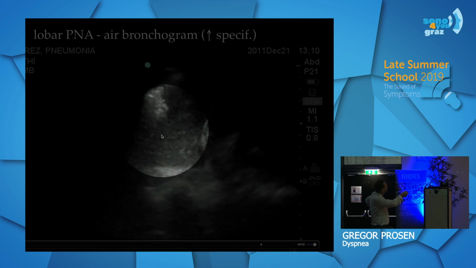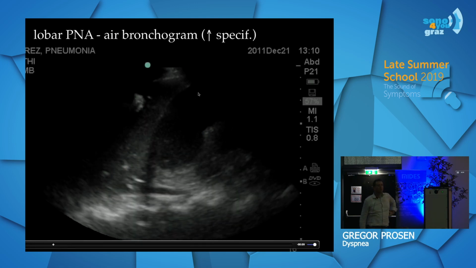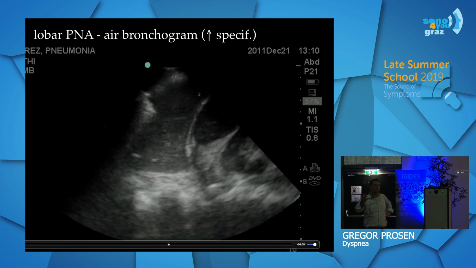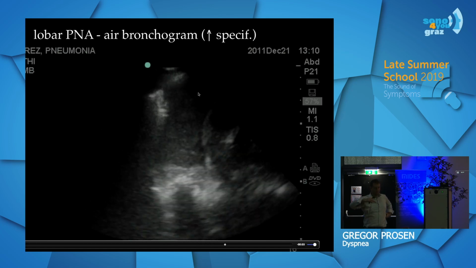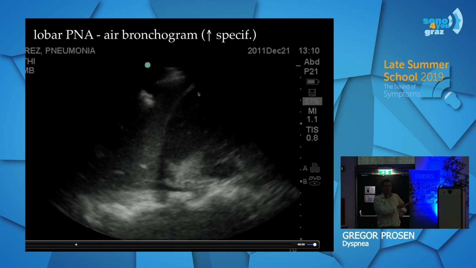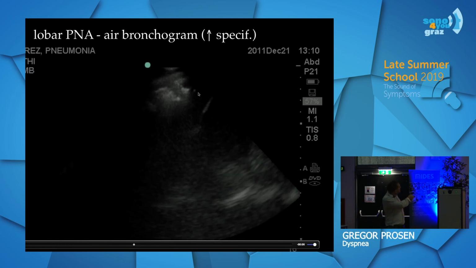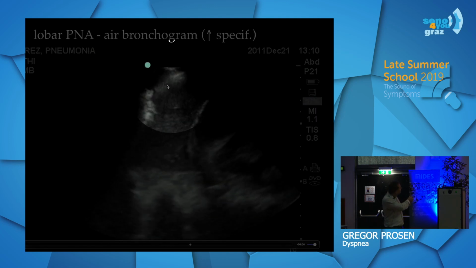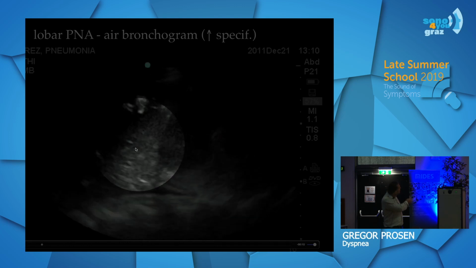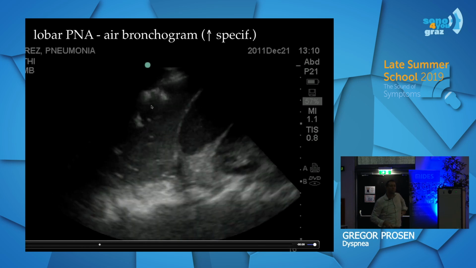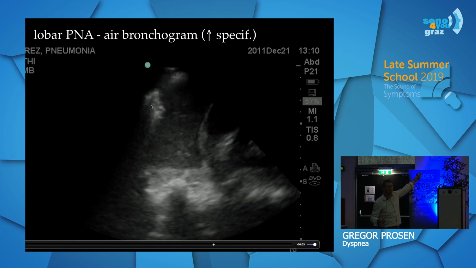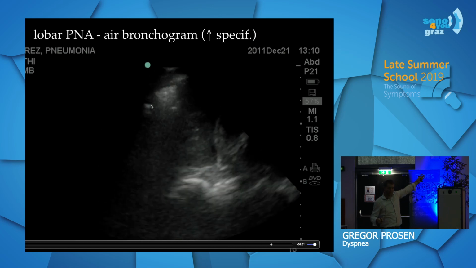What is that? What would that be? Are these A lines? Horizontal lines? No. Are these B lines? No. It's consolidation. Yeah? And you can see that this consolidation ends abruptly with, again, some white flecks. And this is air bronchogram. So this is lobar pneumonia, right?